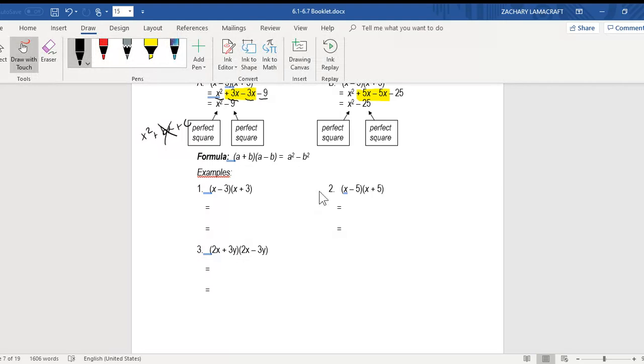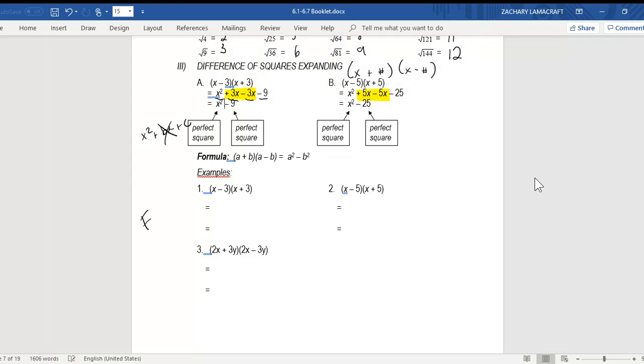So we're going to show you what it looks like. We're going to expand it and show you, but if we just did our FOIL again, our firsts, our outsides, our insides, and our last.